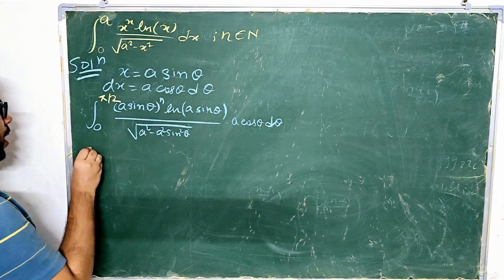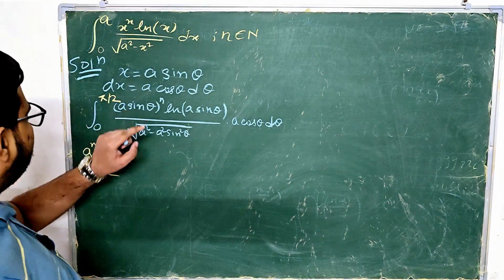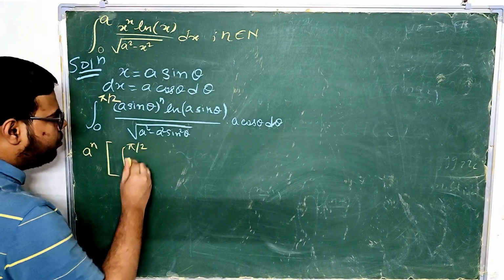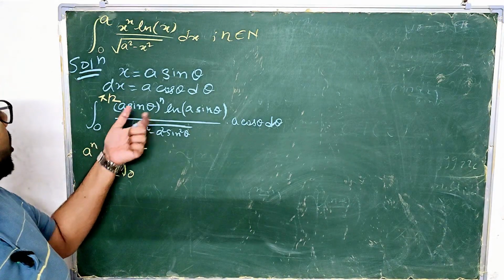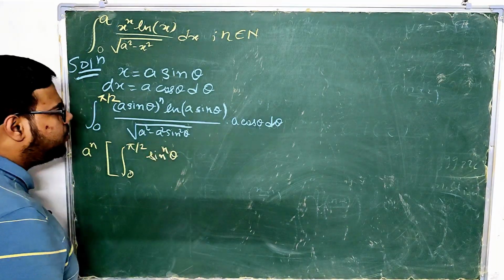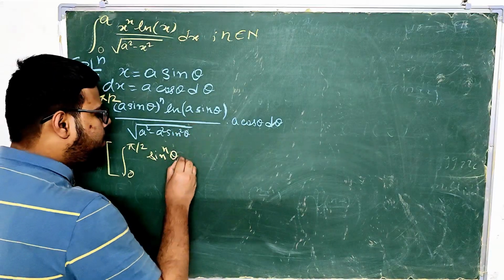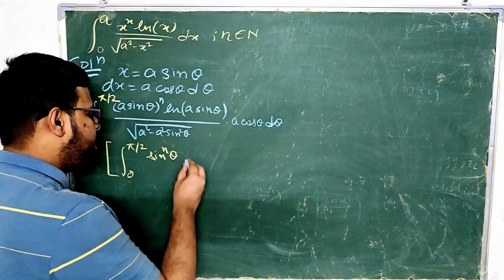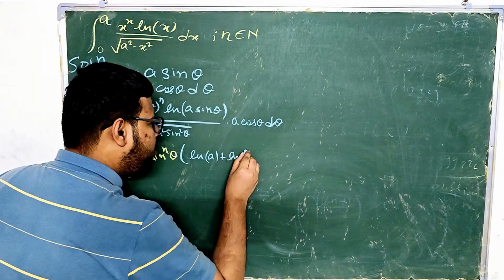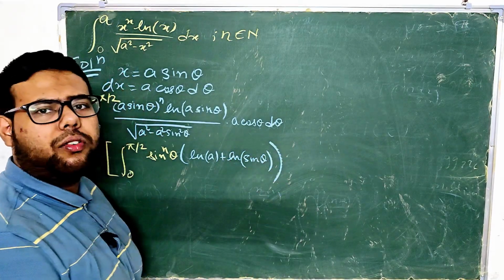So clearly a raised to power n can be brought outside. So you have this integral now, 0 to pi by 2 of sine raised to power n theta times this natural log, and notice that you can write natural log of a sine theta as natural log of a plus natural log of sine theta from the laws of logarithms.